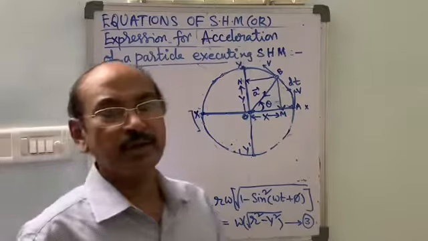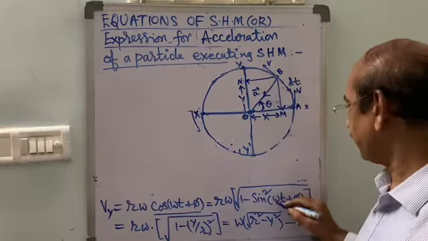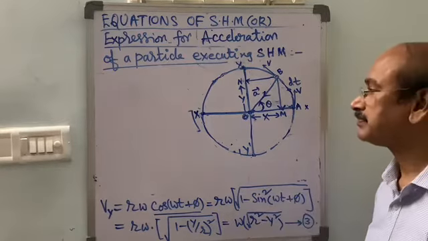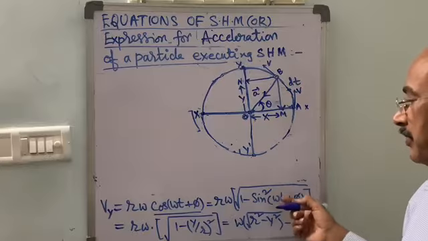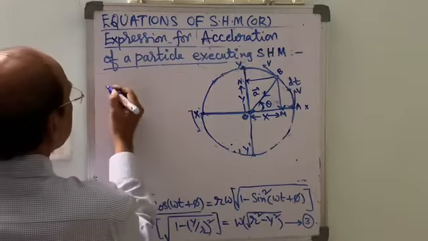Therefore, angular velocity is represented by omega and angular acceleration is represented by alpha. Therefore, here we want to get angular acceleration.